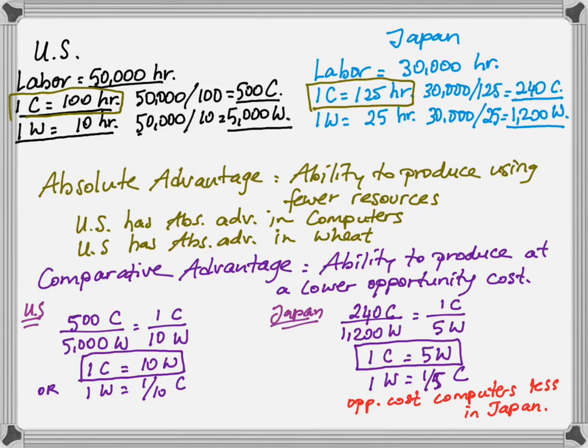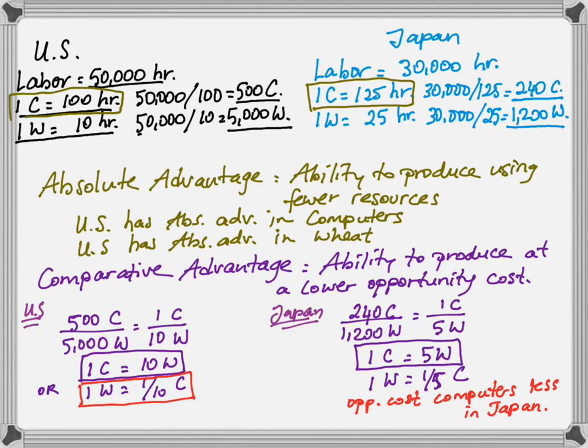And if we look at the opportunity cost of wheat, in the United States, 1 ton of wheat costs 1/10 of a computer. In Japan, 1 ton of wheat costs 1/5 of a computer. Which one is less? Of course, in the United States, wheat can be produced more cheaply.